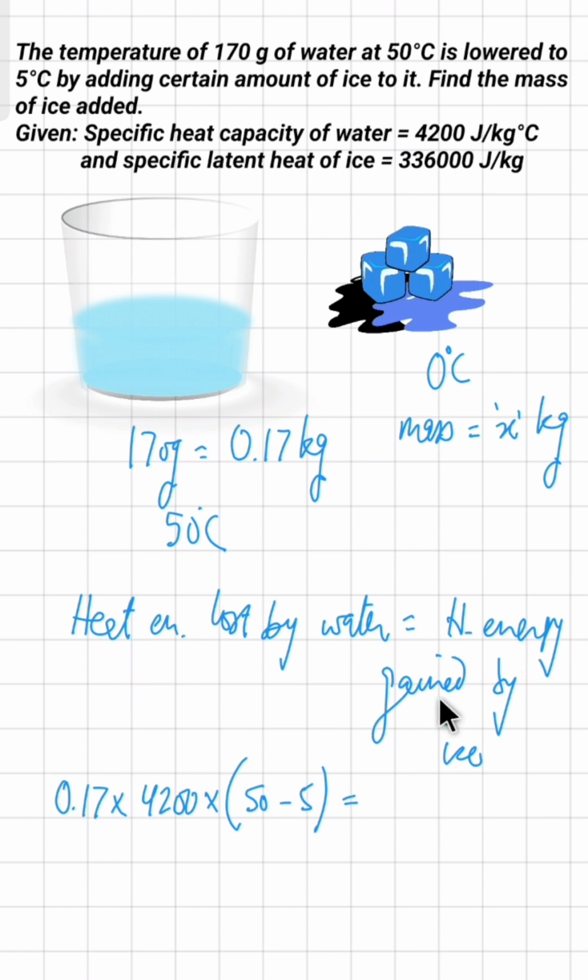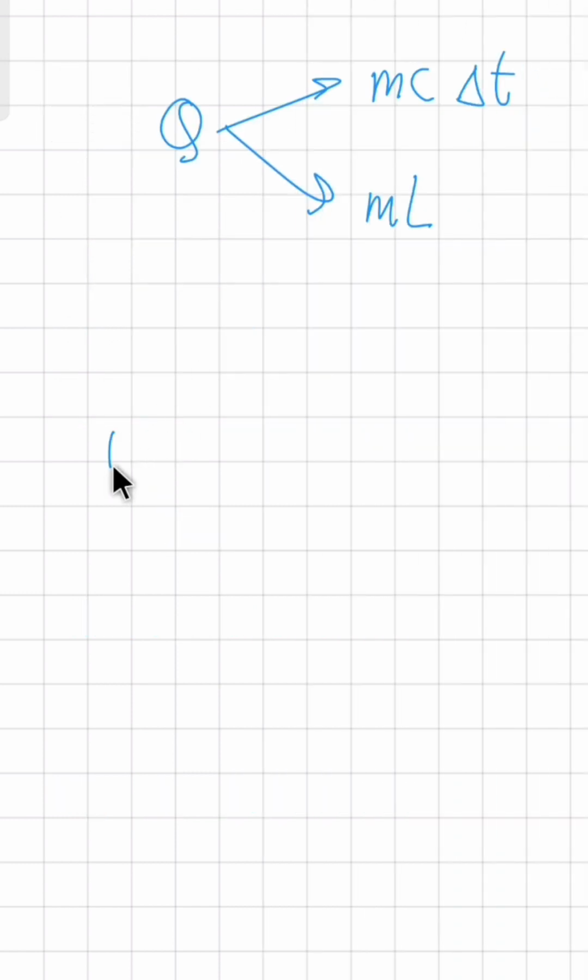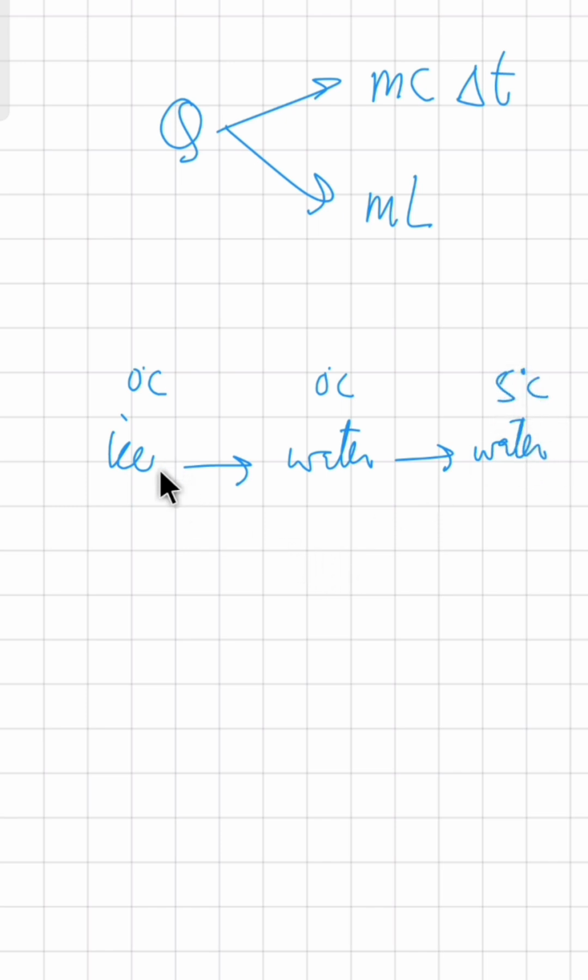Then let's find the heat energy gained by ice. I had told you that first ice will change its state, it will become water. The temperature is not changing, this is 0, this is also 0. After it gets more heat, it changes its temperature. It becomes 5 degrees Celsius. So please see, this is ice at 0 degrees Celsius. If you provide some heat to this, it changes its state, it becomes water, but it does not change its temperature.